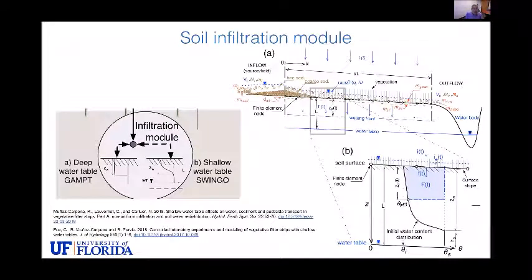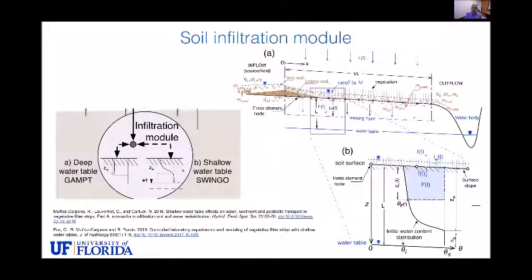On the infiltration side, it incorporates a Green-Ampt physical model for infiltration, coupled to the overland flow equation under deep water table conditions or no water table conditions. But interestingly, I think for this workshop, there is also the new algorithm that we developed for shallow water table presence.